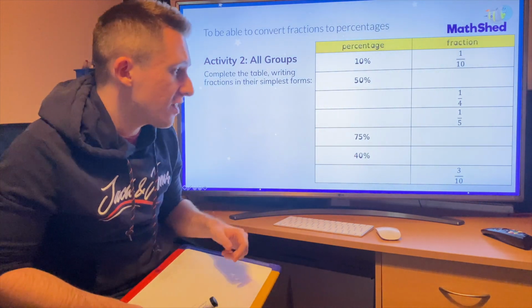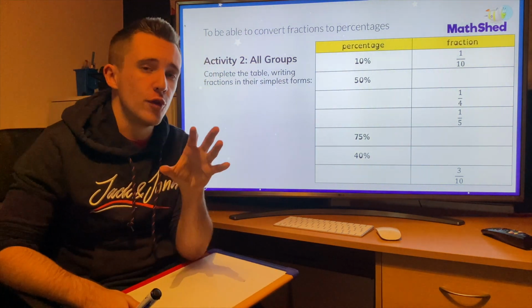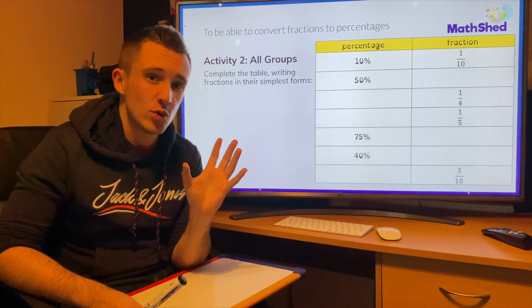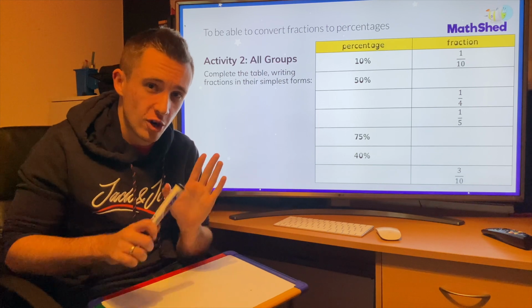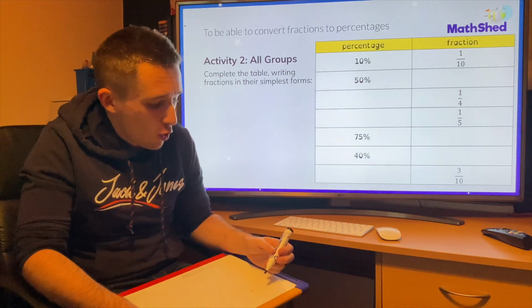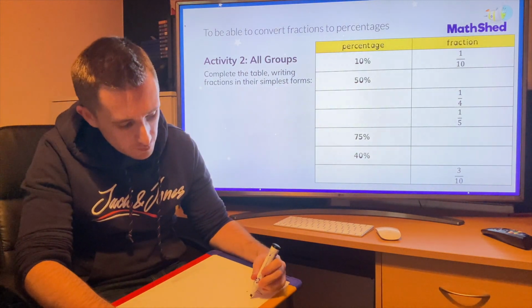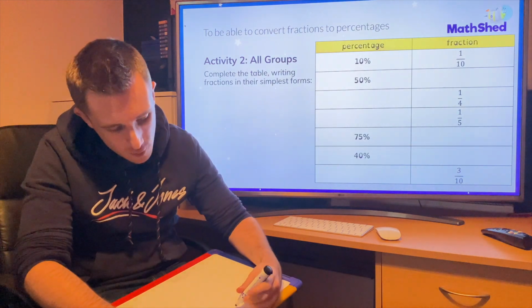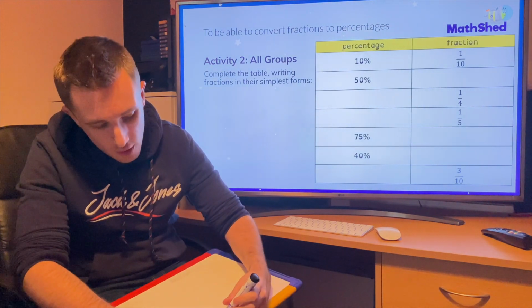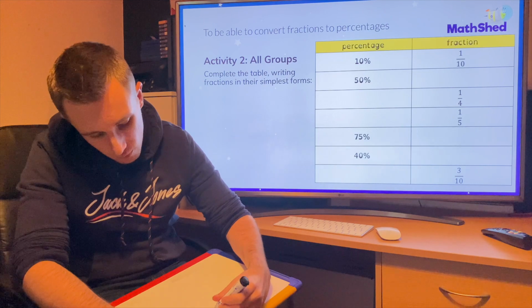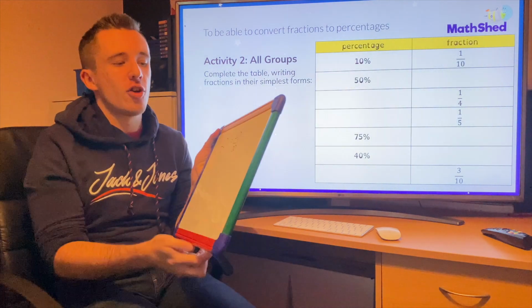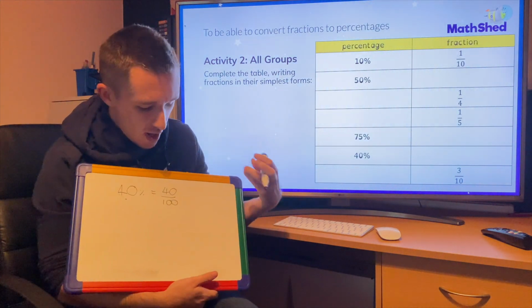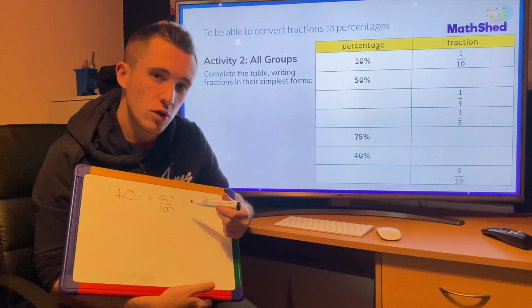Now 40%, I've said to you before, the easiest way to turn it into a fraction is to do it over 100. So if we have 40%, that would be equal to 40 over 100. But we can make this fraction smaller.